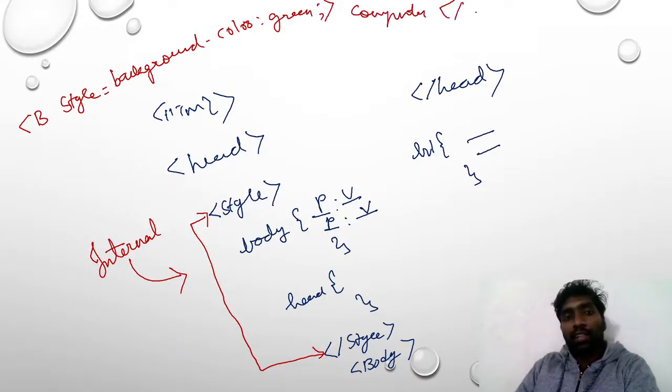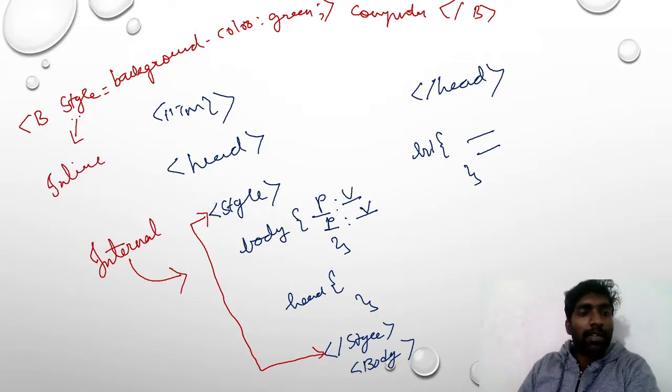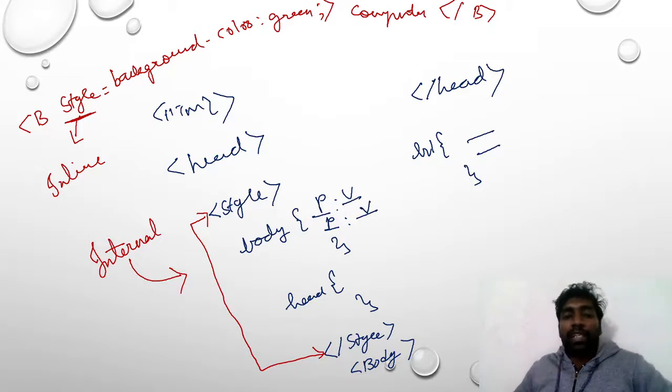And now close the B. Now this is the inline. Why is it inline? Because it is inside of the tag. Why is it internal? It is at the beginning of the HTML, means the beginning of the body tag. Okay, this is the internal.